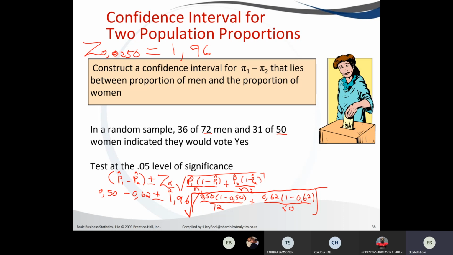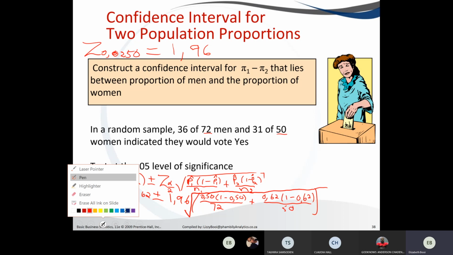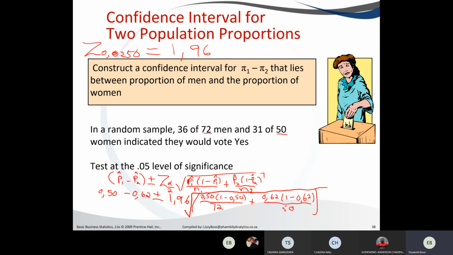To solve this problem, I'm going to change my pen to blue so we can see where I'm writing. I ran out of space, so I'm just going to write the answers of the square root after that, multiplied by 1.96. The first one, I will start with 0.50 times, in brackets, 1 minus 0.50, equals, divide by 72, equals 0.003472.